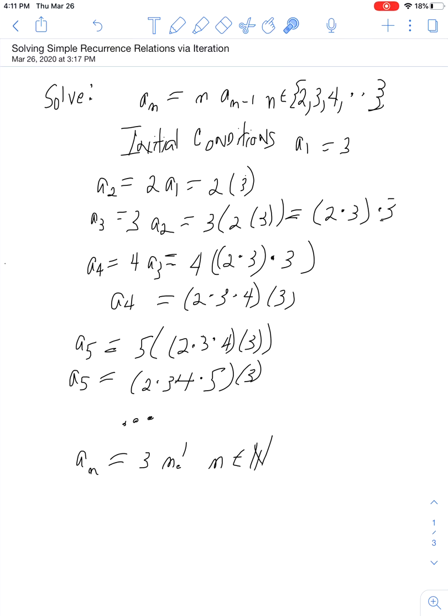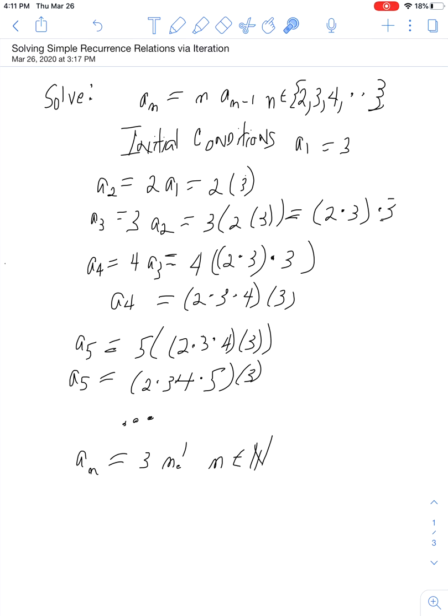Again, I group the terms together that come from the same piece. And so that's 2 times 3 times 4 times 5 times my 3 that's left over. And then I think, a sub 5 is 2 times 3 times 4 times 5. What's that? Well, that's 5 factorial times this 3.